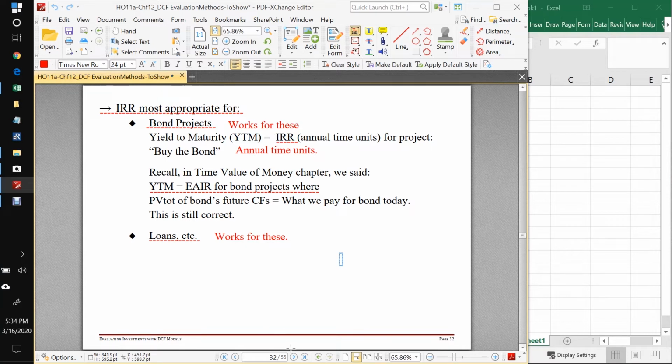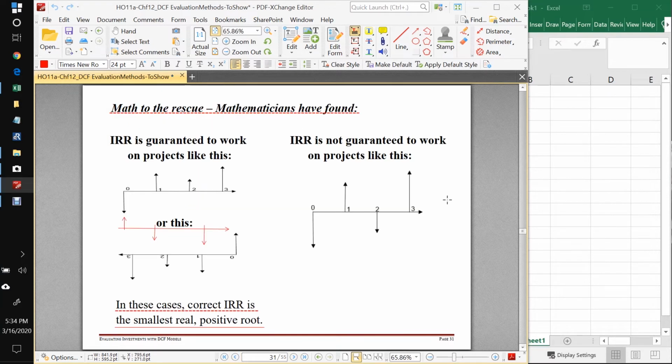Bonds, loans, things like that. But we cannot use it for general cases like this. This would be a good real estate development cash flow diagram. You put in some money now, you get some money back when phase 1 is done, you put in more money to develop phase 2, and then you get more money back when phase 2 is done. This type of thing happens in real estate development all the time.